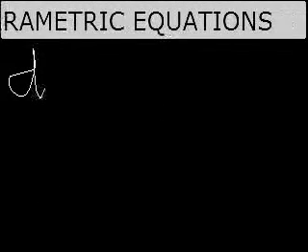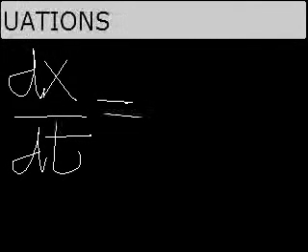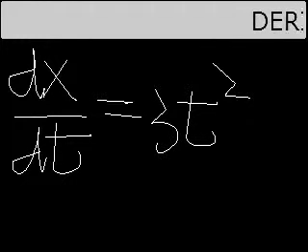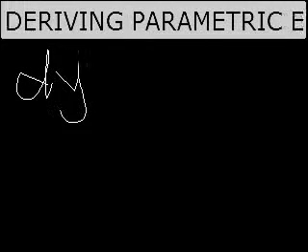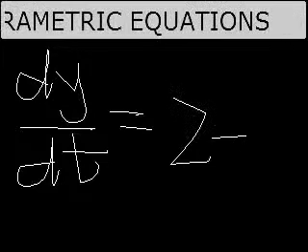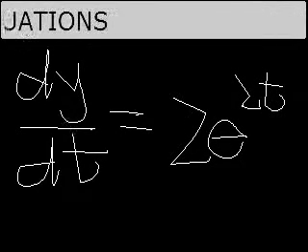So with our example, dx over dt would equal 3t squared, just because t to the third derived gives that. And dy over dt equals 2e to the 2t, because again, e to the 2t derived is that.